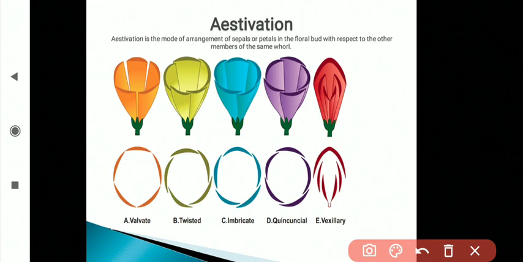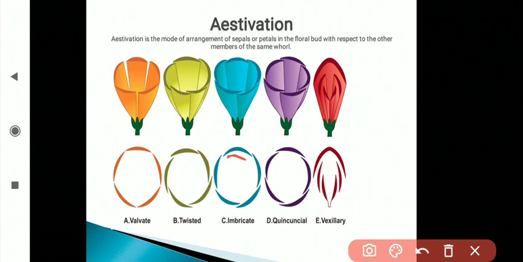Third one is imbricate aestivation. Here there is irregular overlapping in which one sepal or petal is completely overlapped by others and one completely overlaps others. Look at the diagram.